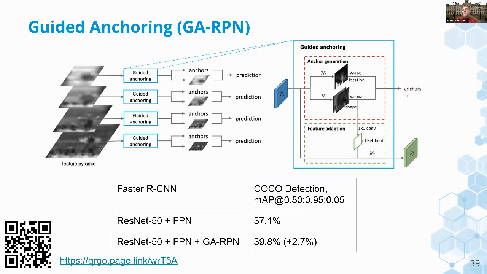So by simply incorporating this guided anchoring RPN, or GA-RPN for short, we may increase the performance of our model by 2% on the COCO dataset without introducing any heavy computational components into our network.